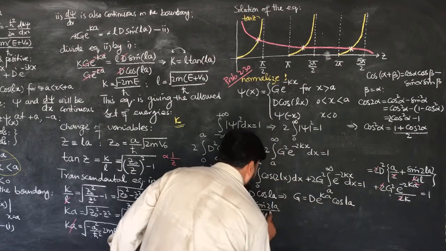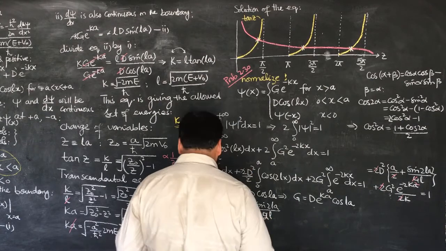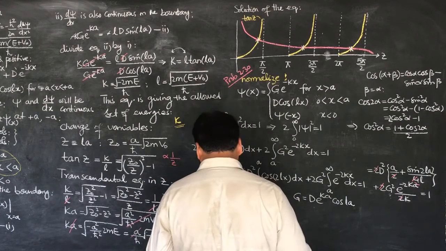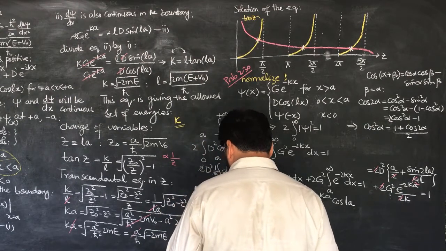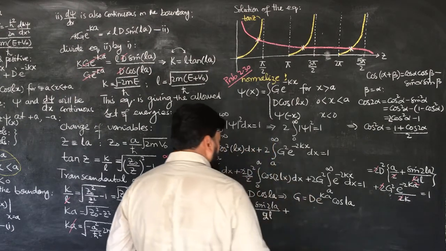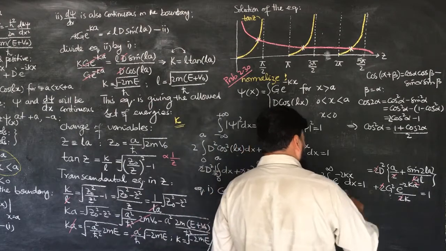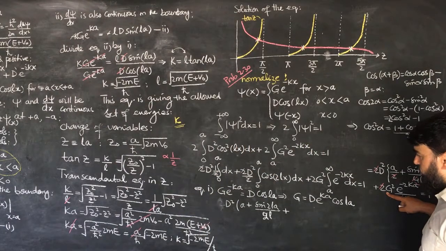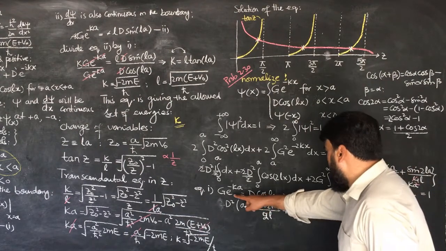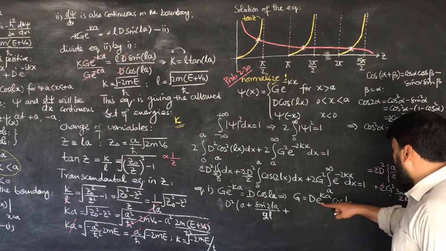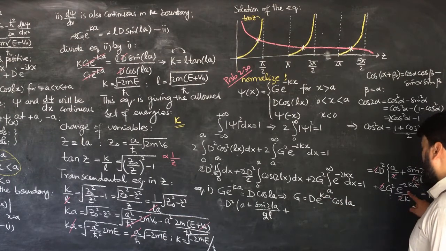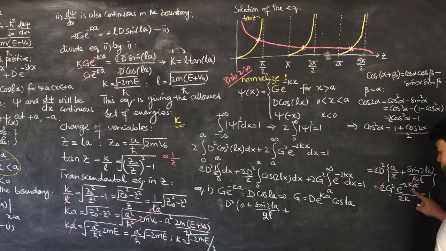So 4 has already been simplified with 2, so 2l, and plus we are having for this, when I put here g square, so g square from here is d square e 2ka cos square la and e minus 2ka.